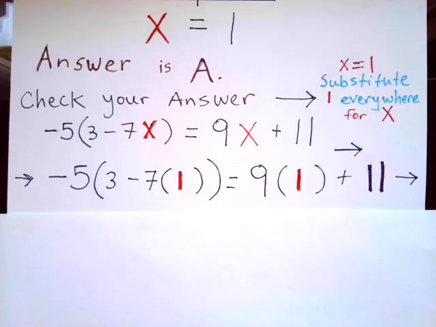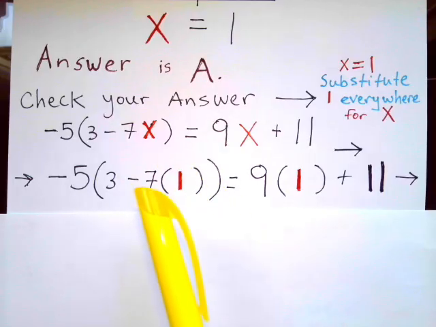So, order of operations says parentheses are first. There's nothing inside the parentheses over here that I can do, but is there anything I can do inside the parentheses here? Well, I have another parenthesis inside the parentheses, but there's nothing I can do in here. Next in the order of operations is exponents.